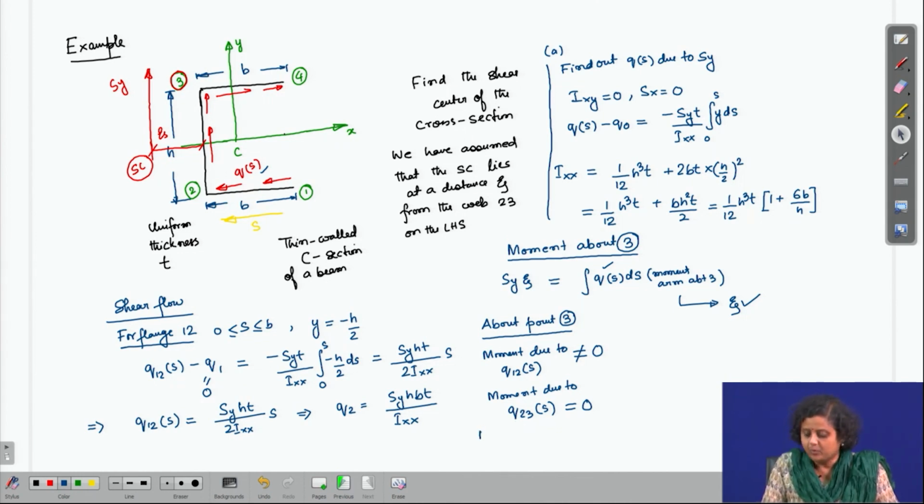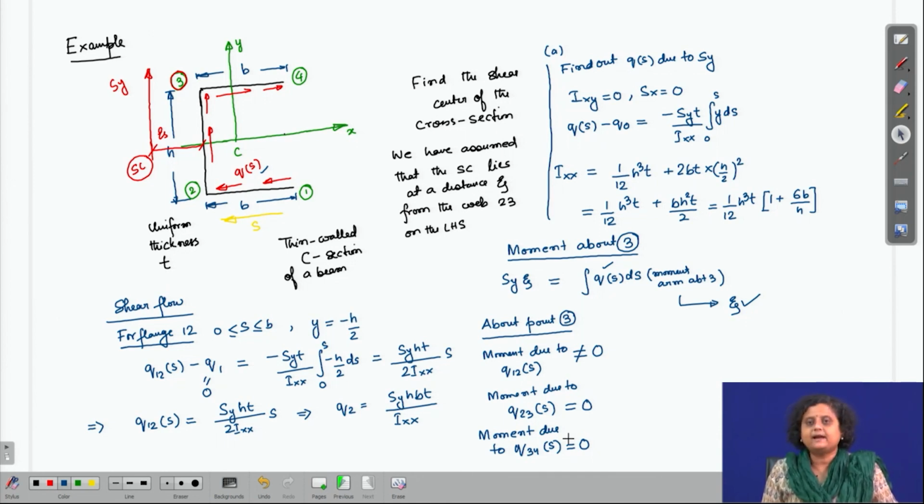Similarly, the moment due to Q34S is also going to be 0, because Q34 passes through point 3.